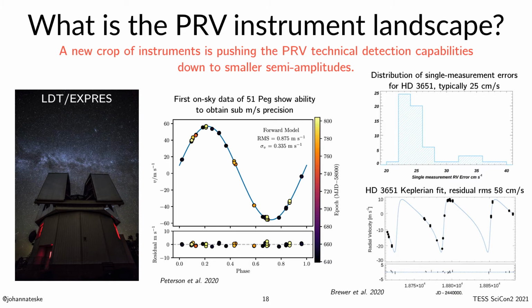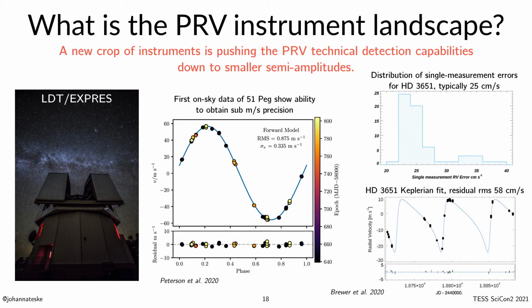Then there's the Extreme Precision Spectrometer, or EXPRES, at the 4.3 meter Lowell Discovery Telescope, also in Arizona. And this is built by Debra Fischer's group at Yale. They are trying to achieve something like, I think, 30 centimeters a second. The resolving power with this spectrograph is more like 140,000. With a similar science bandpass as noted, it doesn't go quite as red.